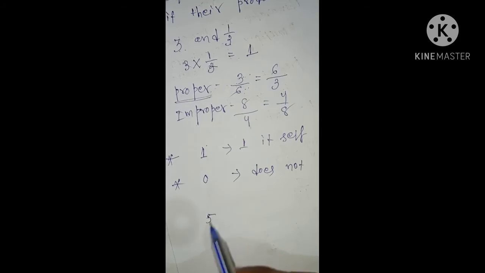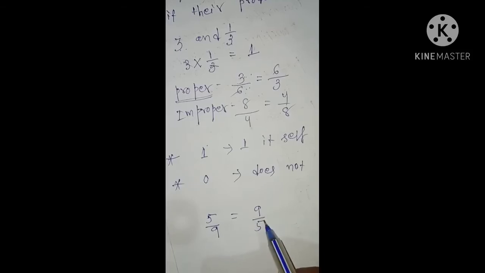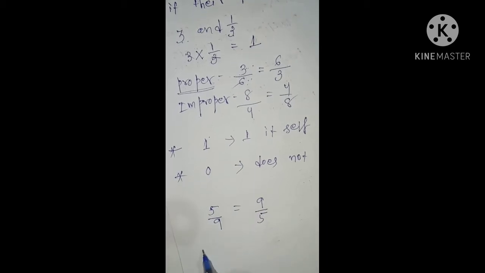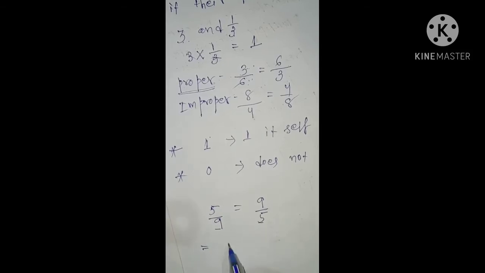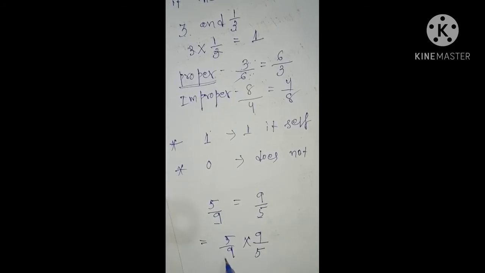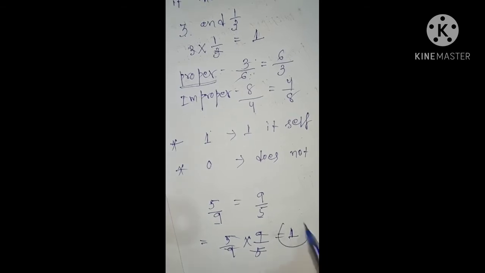Suppose one example, 5 by 9. The reciprocal of 5 by 9, what will it be? 9 by 5. Simply you interchange the value. Sir, how will we be sure that this is the reciprocal or not? I told you in the first example: if you multiply the number and the reciprocal, 5 by 9 multiplied by 9 by 5, and their product is 1, then you are sure that this is the correct answer.